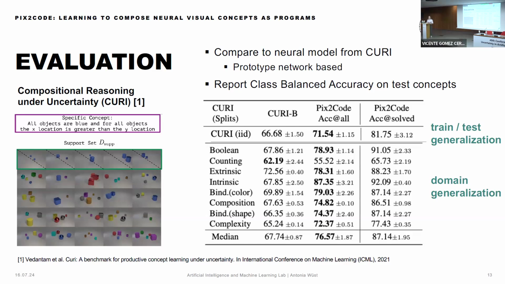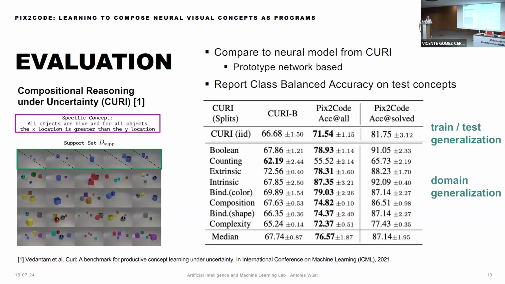But since we're comparing to a neural baseline, which is always able to produce an output and classify concepts, we assumed just 50% accuracy for concepts where we didn't find a program. And this is the accuracy that you can see here. So we thought this comparison would be a bit more fair. But still you can see that we outperform the baseline.